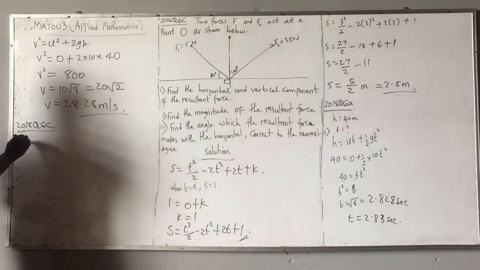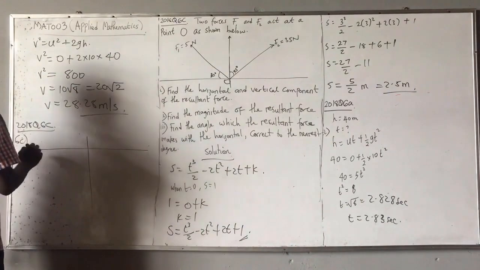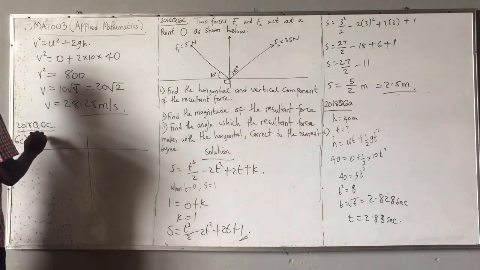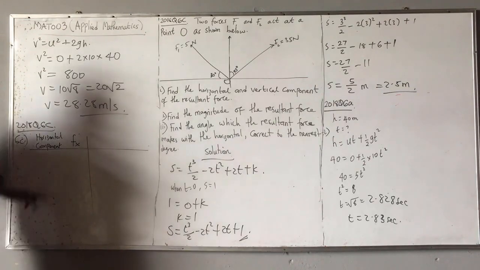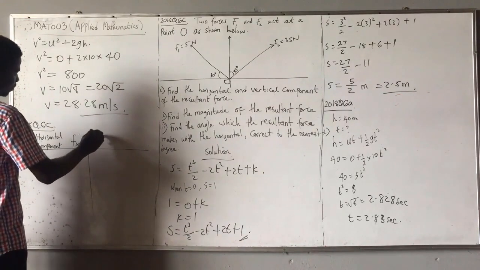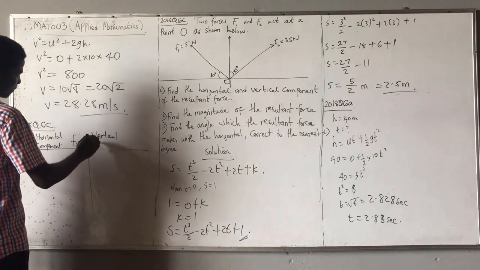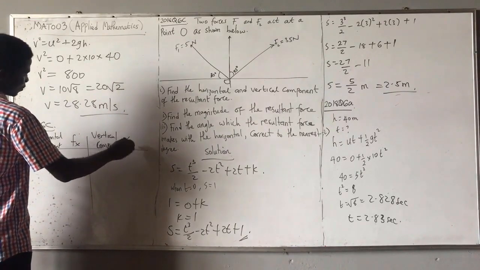So 6C, you know how to do it. So let's call this place the horizontal component, Fx. That is the horizontal component of the force. Then the vertical component, Fy.